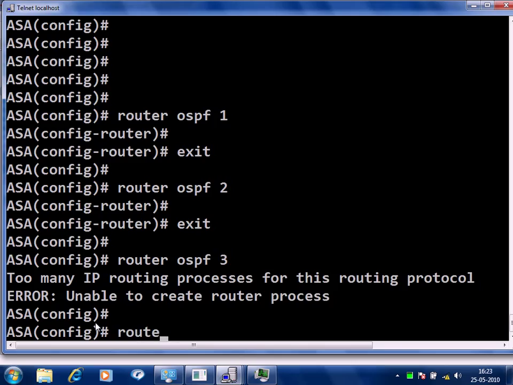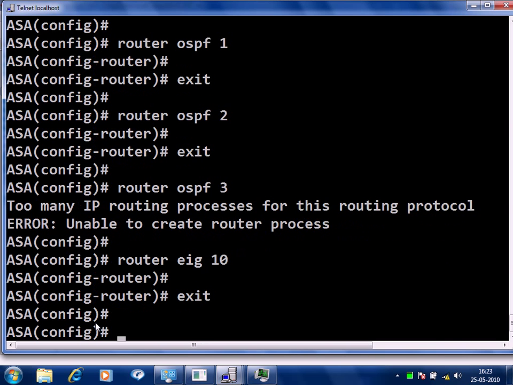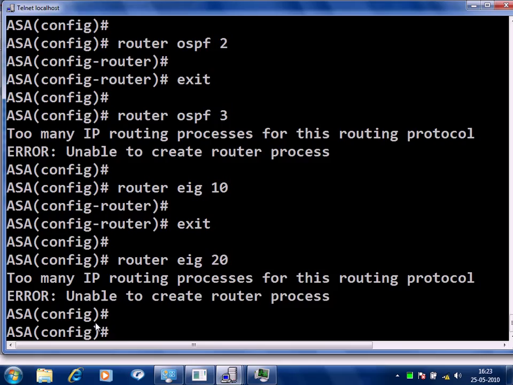Let's say router EIGRP 10, exit, router EIGRP 20. Error, unable to create router process. So ASA is a very simple thing. It is not designed to serve as a router kind of device.